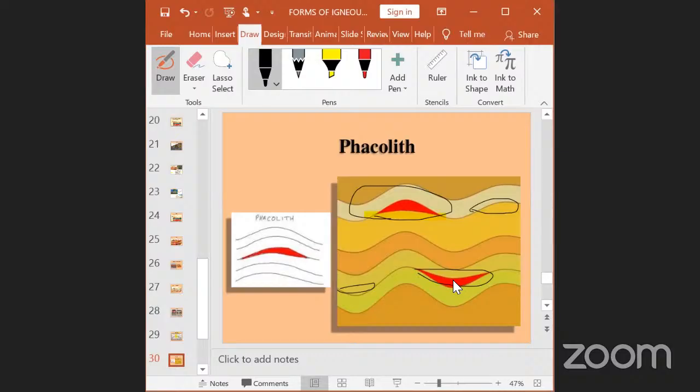These spaces are readily occupied if magmatic intrusion gets access to them, right? On solidification, these appear as crescentic or lens-shaped bodies across the axial plane. You see the crescent shape, right? Or lens shape. These igneous bodies are called phacoliths. So these are concordant igneous rocks, right?